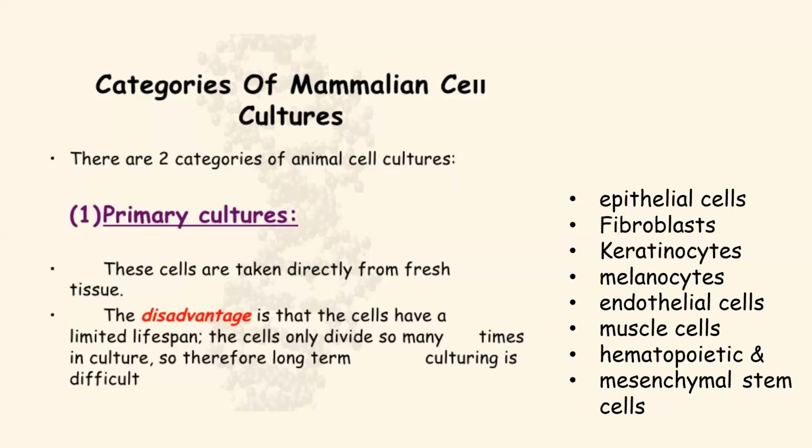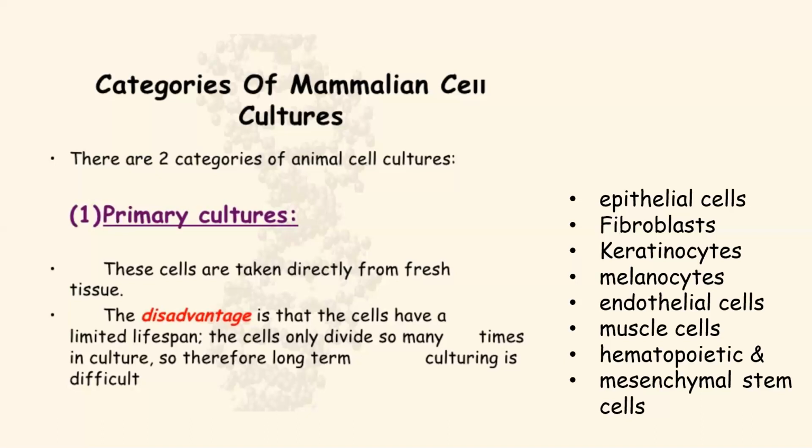So these cells are directly taken from fresh tissues. Primary cells mostly represent the tissues of origin, and they are taken directly and processed to establish under lab conditions. They are derived directly from the tissue, as I said, and they're not modified. This is why they are very similar to the in vivo state of the cells, and why they exhibit the normal physiology of the cells from where they're taken.